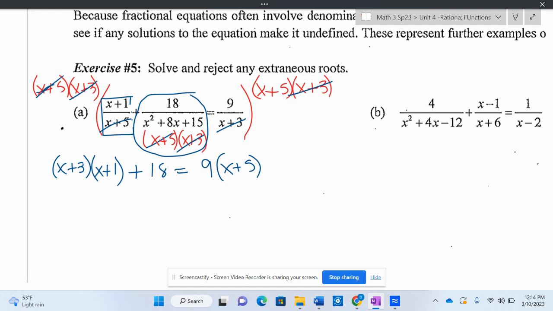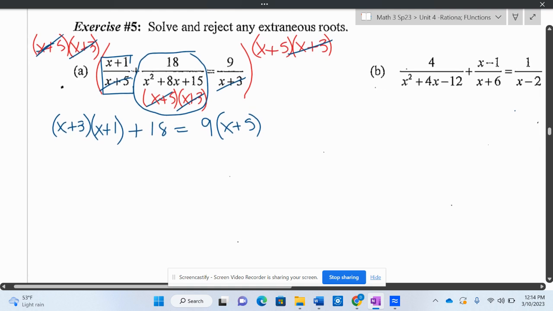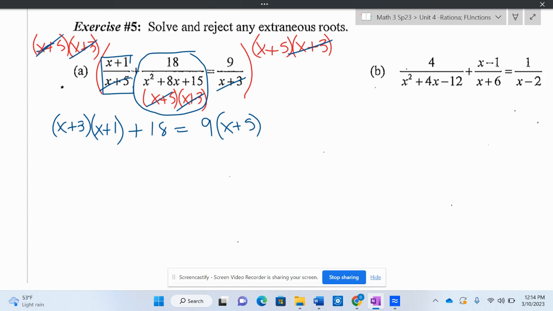So it looks like we have to do what on the left? Foil. You with me, Lamar? We have to foil and distribute. Foil on the left, distribute on the right. Foil on the left, x times x is x squared. 3x plus 1x is 4x. 3 times 1 is 3.